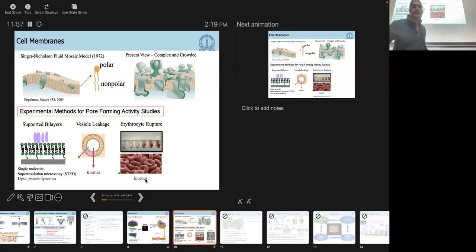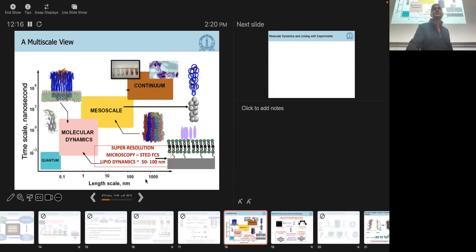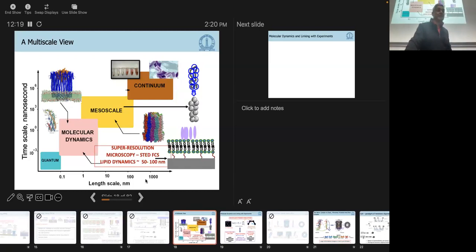So you can monitor the hemoglobin leakage and try to understand the kinetics. We've also looked at cell lines, and there's a fair amount of work being done on trying to understand repair mechanisms. This I'll again very briefly show you, some recent work that we've started in this area. Any questions so far? Okay.